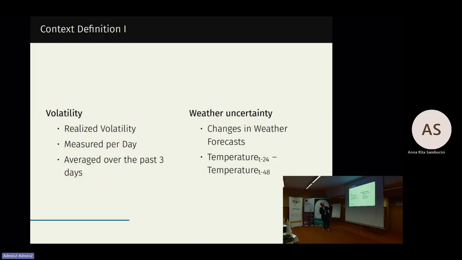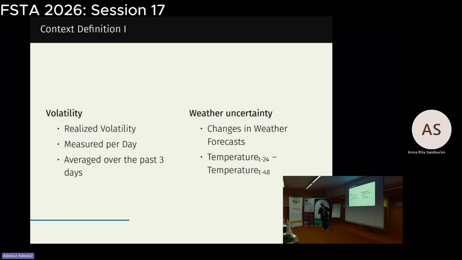First we had volatility, which we think has an impact on the models' residuals, right? Certain models are better suited during high volatility regions. We measured this by the realized volatility during a whole day, averaged over 3 days. So we have regions where we can say we are in a high volatility region or not.